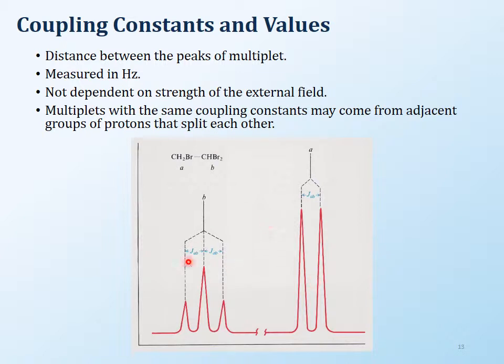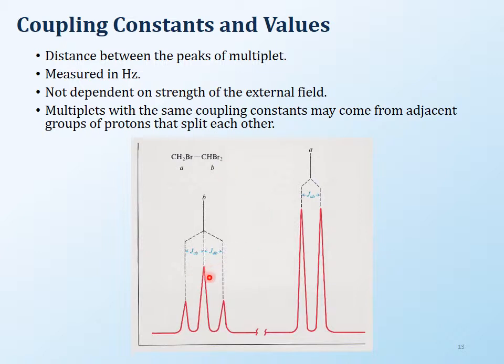So if you look at this molecule here, which is a very simple molecule, yet again you have the 2 hydrogens here and the 1 hydrogen here. When these two couple, you will get a triplet and a doublet. The triplet and the doublet that you get from this particular combination of atoms will have the same coupling constant.